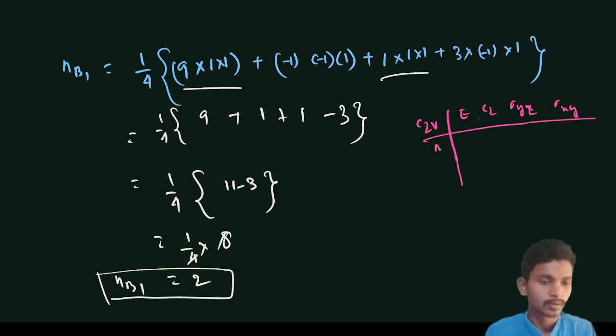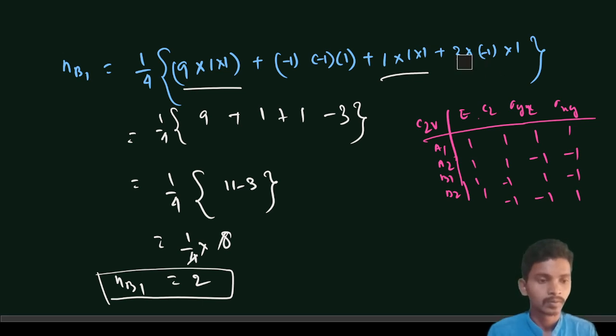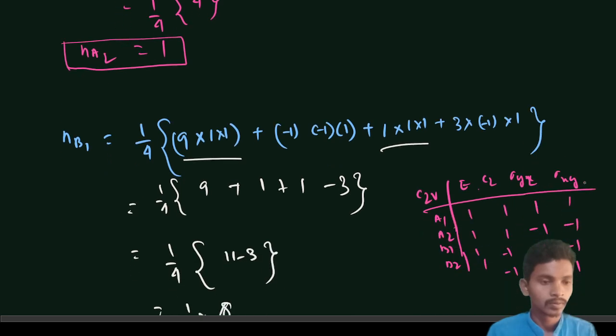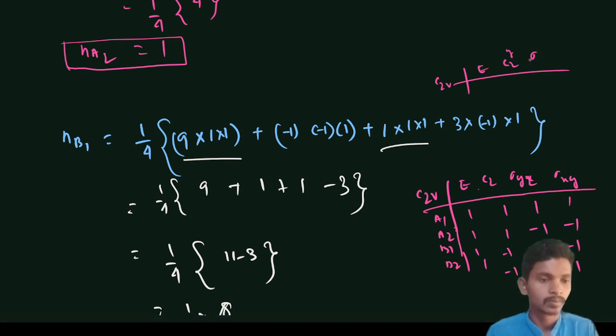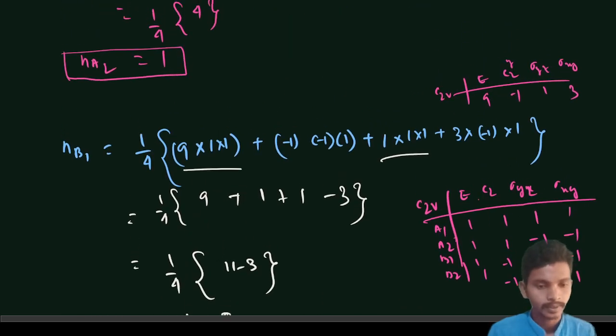So this will be 1, 1, 1, and C2v value is... so if I multiply this, then am I getting this or not.